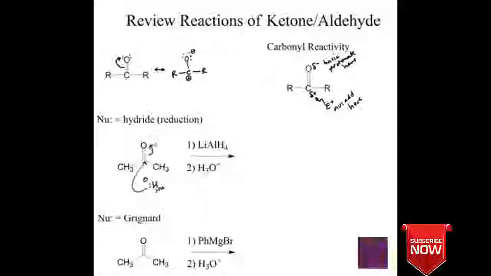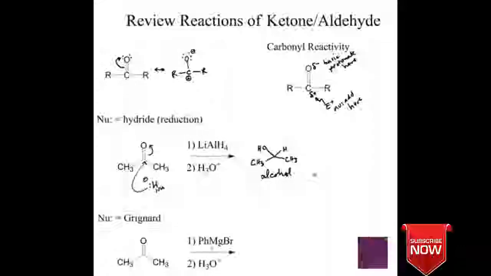We would expect that to add to the carbonyl, and then after workup, we would protonate that O-, and we would get this alcohol product out. We describe that as a reduction reaction because we have lost a C=O bond, traded it for a C-H bond. We've gone from a ketone to an alcohol.